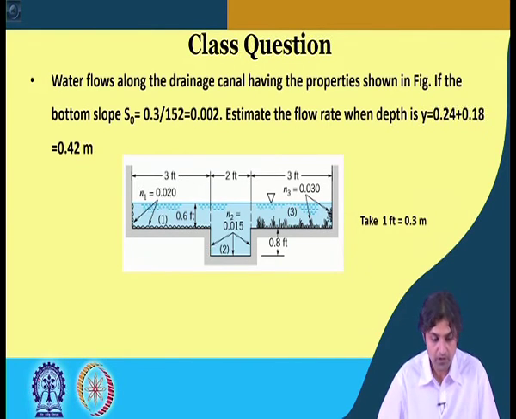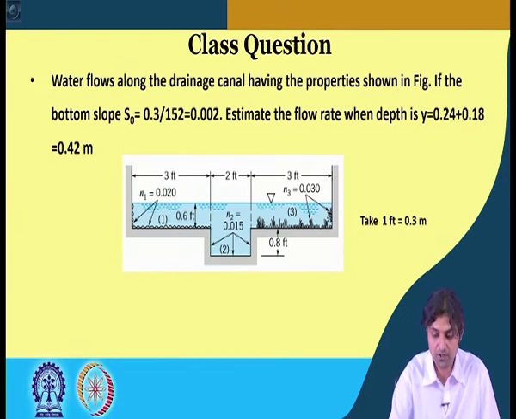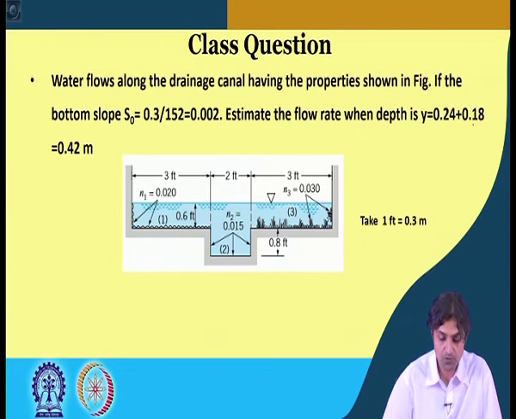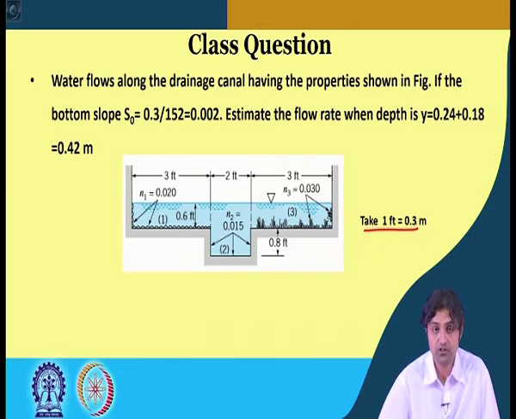If the bottom slope S naught is equal to 0.002, which has already been given, estimate the flow rate when the depth y naught is 0.24 plus 0.18, that is 0.42. We have to take 1 foot equal to 0.3 meter; the whole configuration is given.